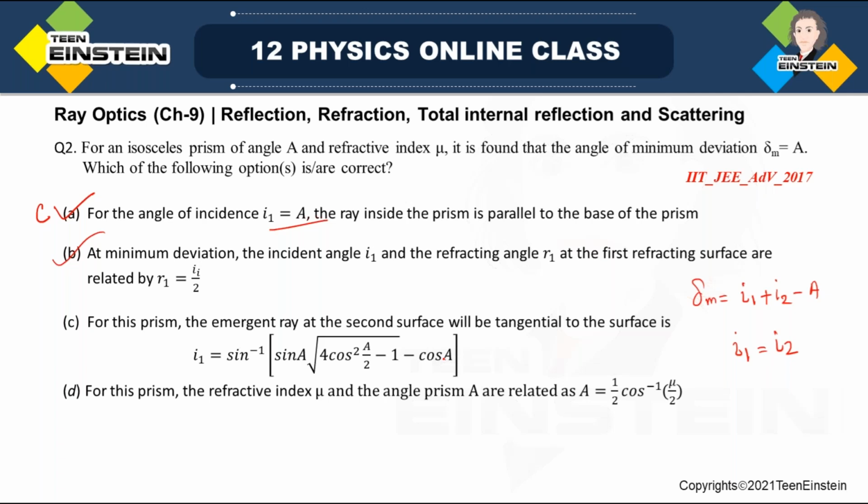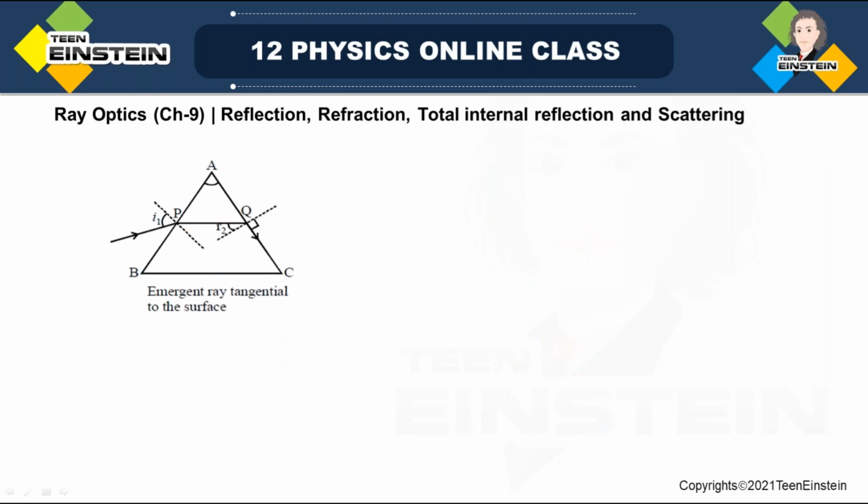Okay, see, when the ray is tangential, look at this figure. When the ray is tangential to the second surface, that means the second refracting surface, this angle is 90 degrees. That means if I consider the refracting surface AC, the emergent or refracted ray is tangential to the refracting surface AC.